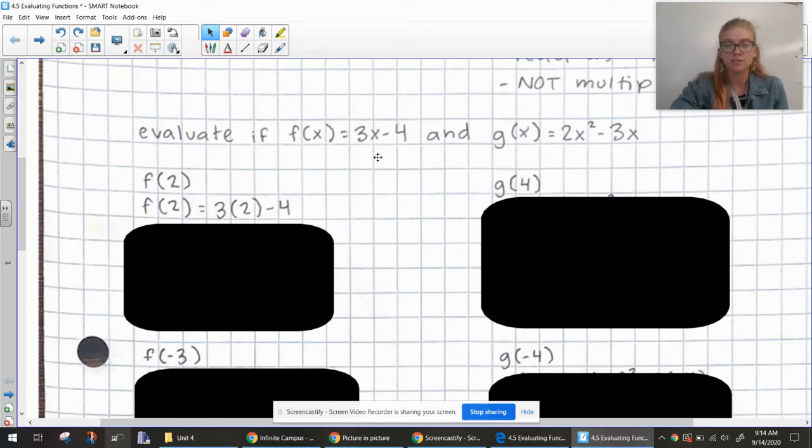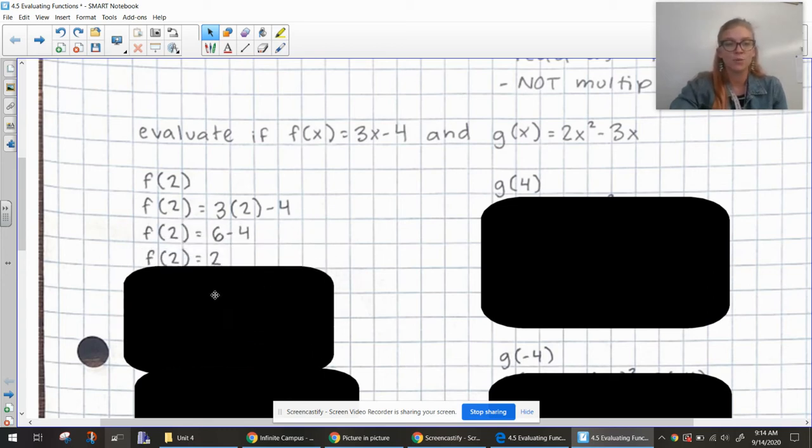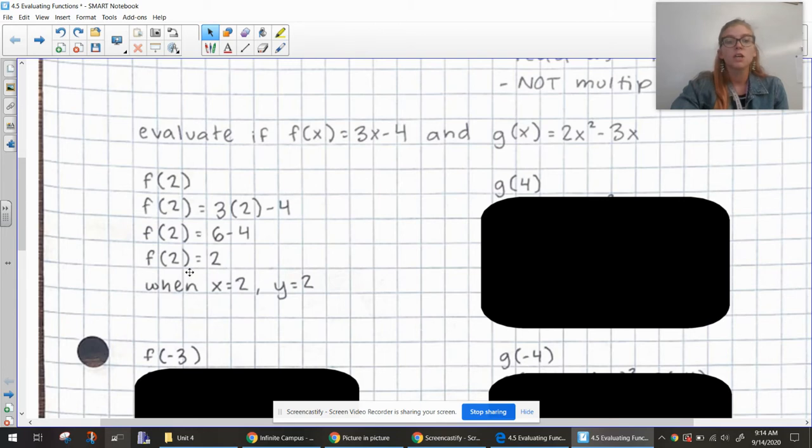So I took this function and I replaced x with 2. Now I'm going to use order of operations to evaluate this. So 3 times 2 is 6, minus 4 is 2. This tells us that f of 2 equals 2. So what this means in human speak is that when x equals 2, so when I input 2 into my parentheses, then y equals 2, which is the result once we evaluate.